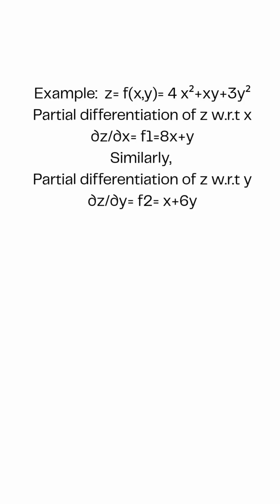We can call this the partial derivative of f with respect to x or y. The symbol of small d is not used here because it is only used for total change in a single variable function.